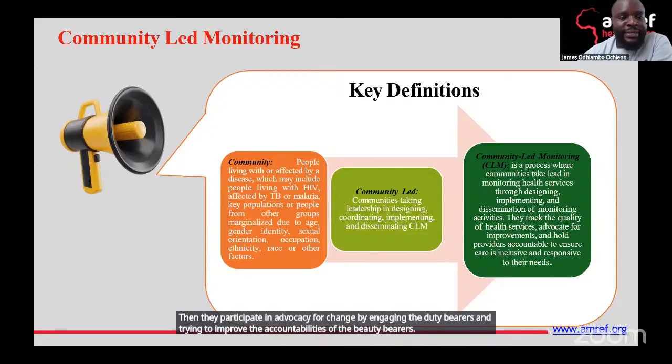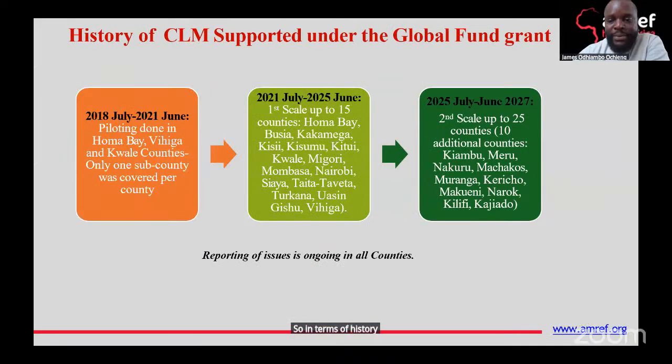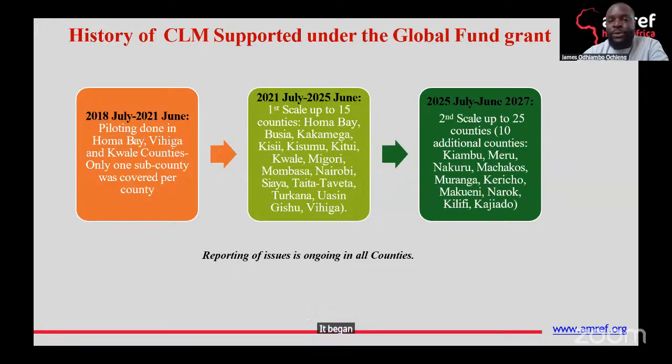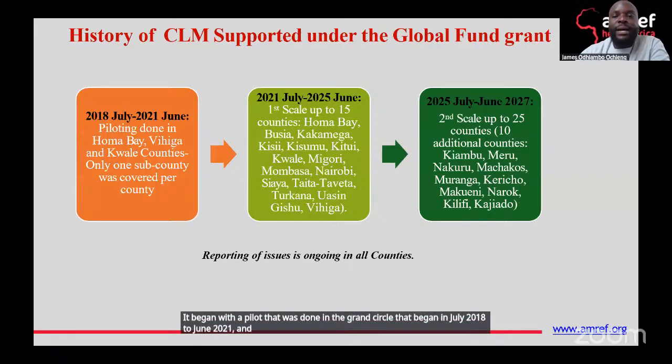So in terms of the history of CLM in Kenya, and as Philip had alluded earlier, currently the CLM in Kenya has been majorly supported by resources from Global Fund. And it began with a pilot that was done in the Grant Cycle that began in July 2018 to June 2021. And this was a pilot phase.